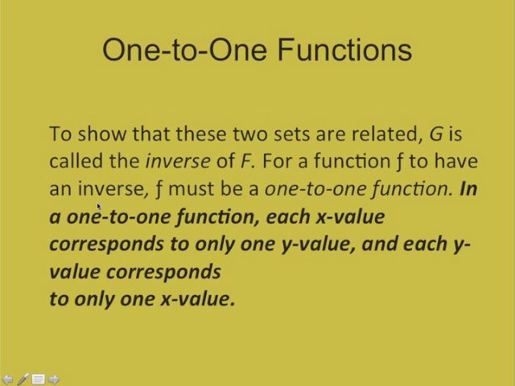To show that these two sets are related, we call G the inverse of f. For a function to have an inverse, it must first be a one-to-one function. In a one-to-one function, each x value has only one y value, and each y value has only one x value.